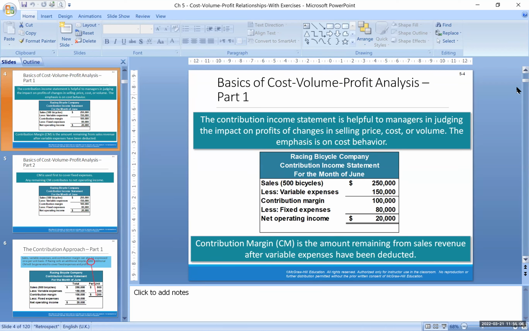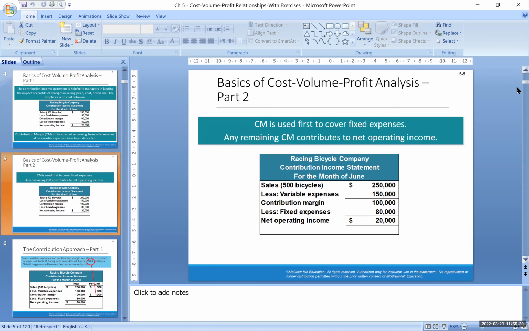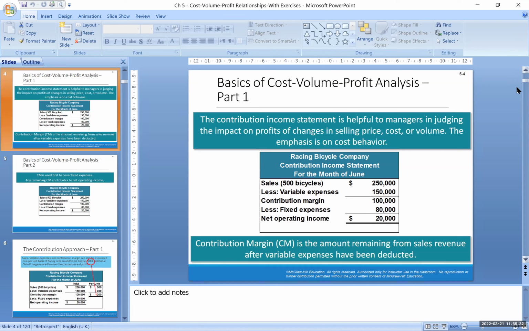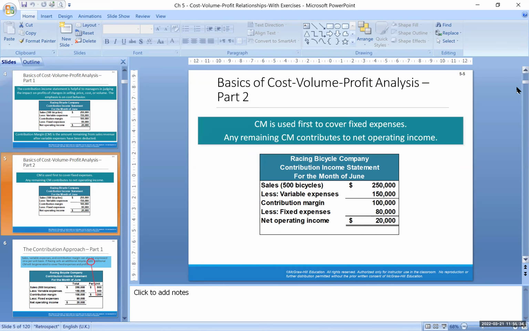The contribution margin, or CM, is the amount remaining from sales revenue after variable expenses have been deducted. So it is simply the difference between the sales revenue and the variable expenses that generates the contribution margin. The CM is used first to cover the fixed expenses.